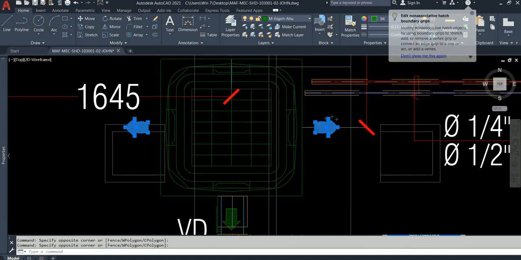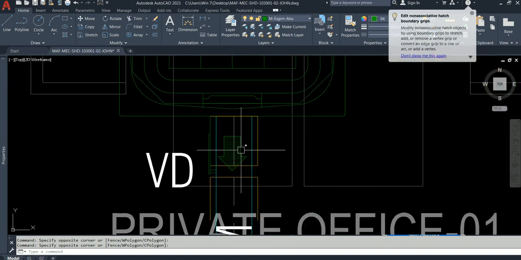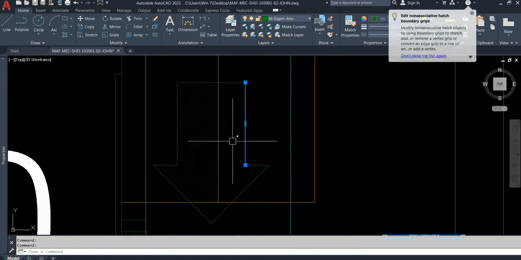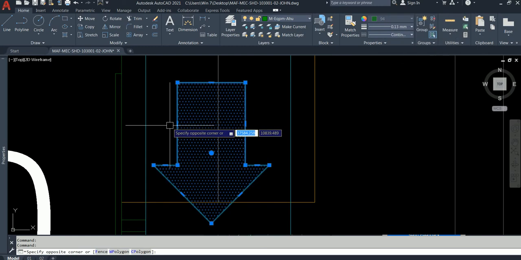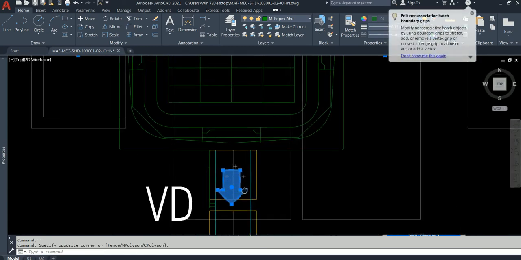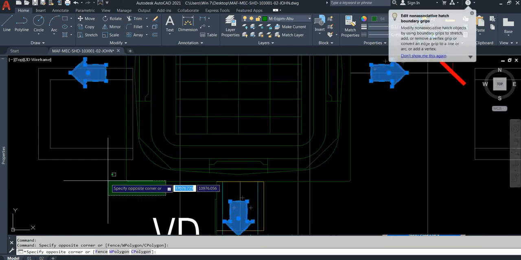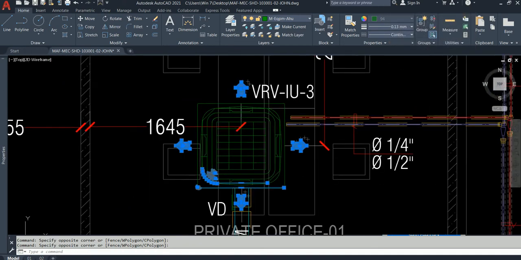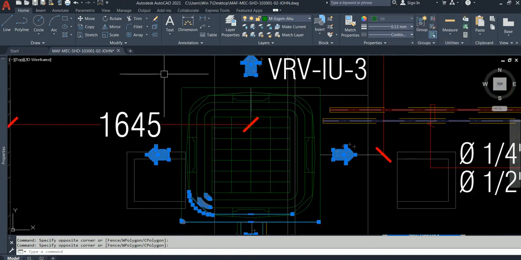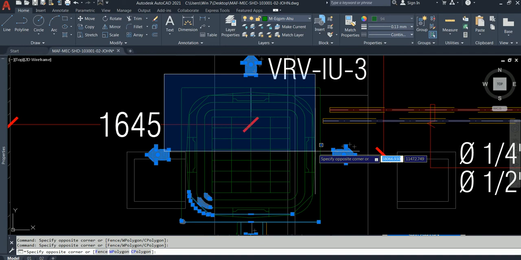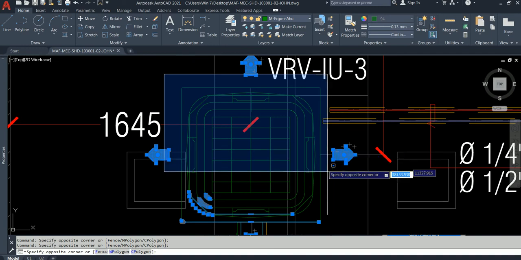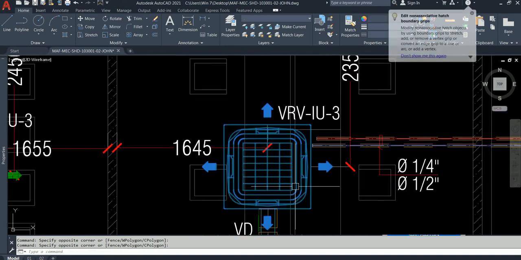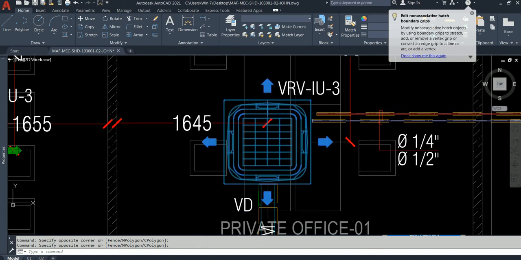We make all of them layer 0, don't worry. Just a second. I think it looks good.